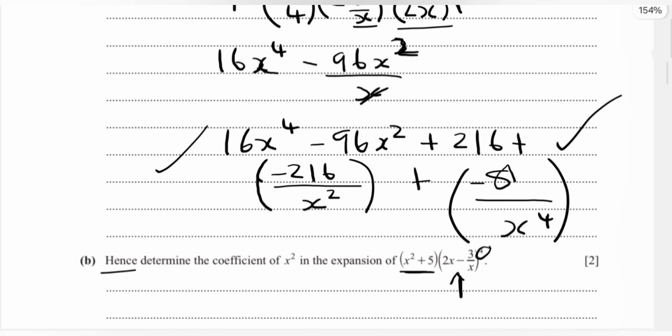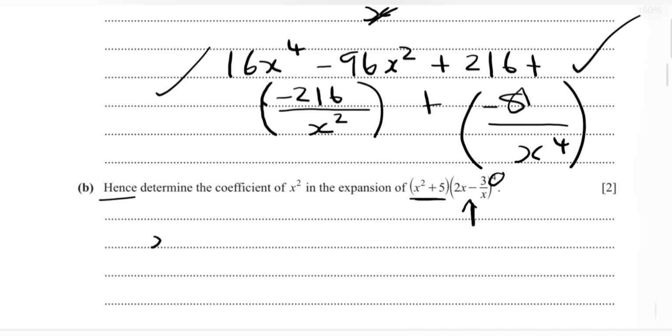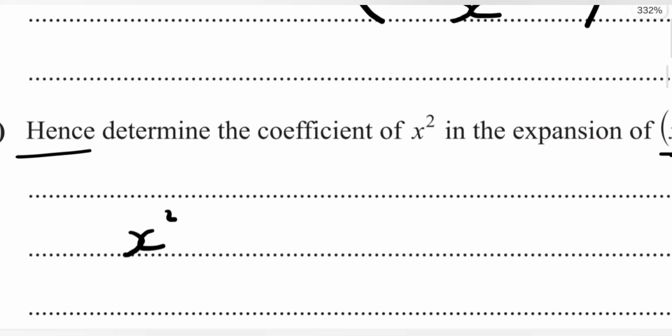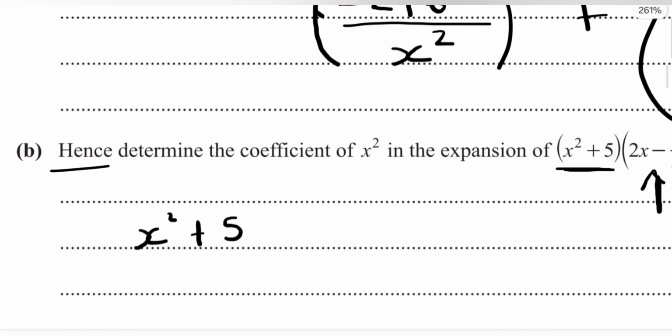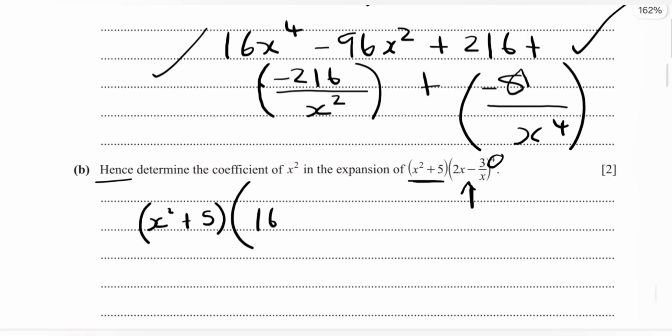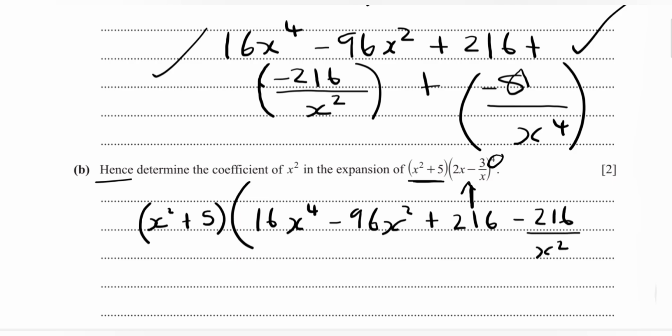So we can write this as (x squared plus 5) multiplying the whole expansion, which is our 16x to the power 4 minus 96x squared plus 216 minus 216 over x squared minus 81 over x to the power 4, like this.